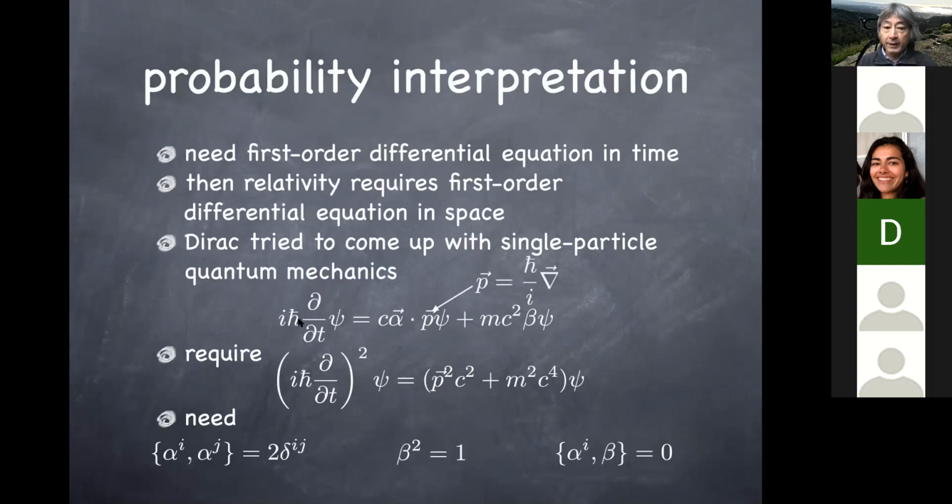Whenever I write P here, that was meant to be this derivative operator in space. So the Hamiltonian we are talking about is the right-hand side of this Dirac equation. When you write c alpha dot P, P was meant to be h bar over i times gradient. So this piece here is h bar c over i times gradient acting on psi. That was the meaning of the Hamiltonian.